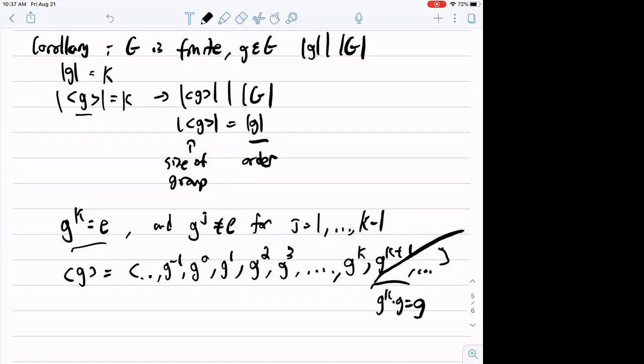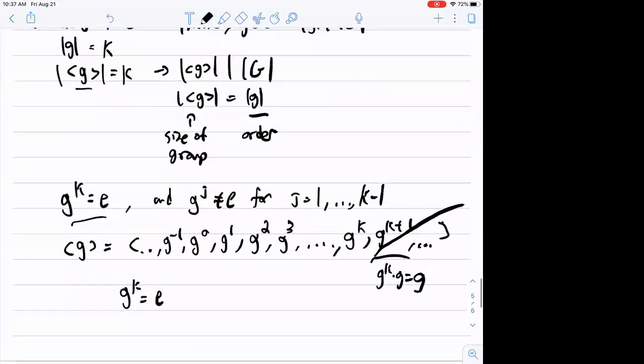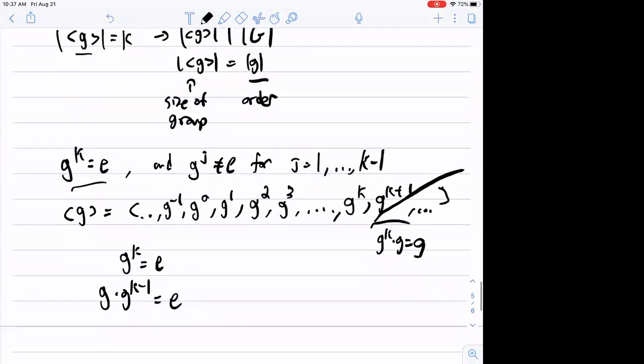If g to the k is e, then g times g to the k minus 1 is e, by the exponent law. But then this means g to the k minus 1 is g inverse, right? That's what it means to be the inverse of g. And g to the first power is just g.